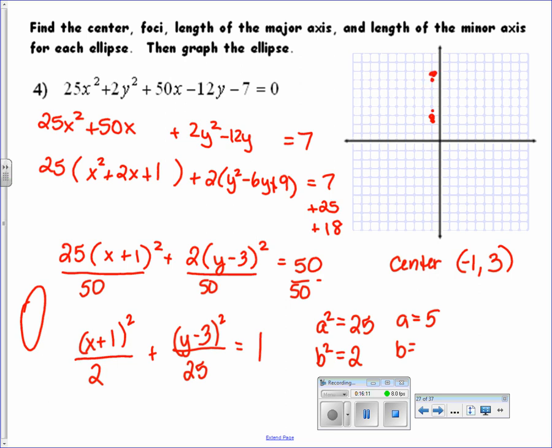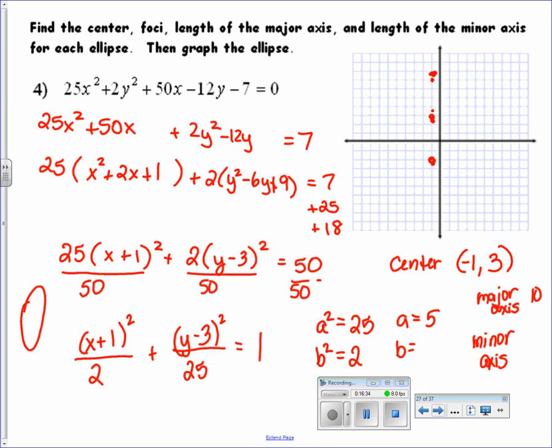And then down 5: 1, 2, 3, 4, 5. So this is my major axis. By the way, how long is my major axis? It's 10.